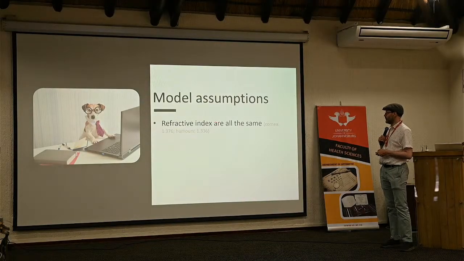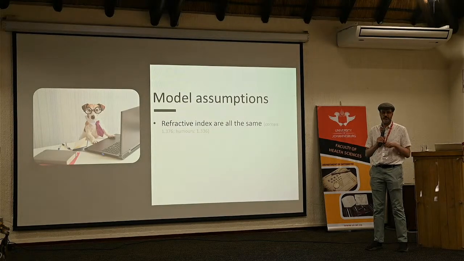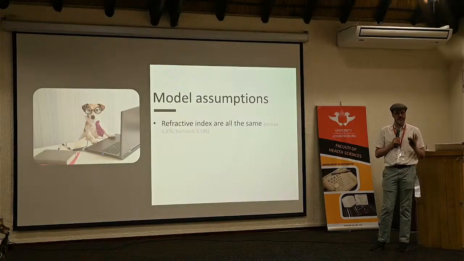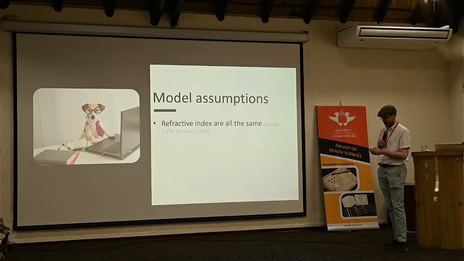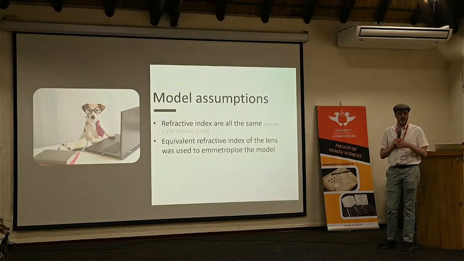First of all, the refractive indices of the cornea and of the humors, I just assumed that they would all be the same. There was some information in different eye models and different measurements that seemed to confirm that assumption. So when it comes to cornea and humors, no problem. I'm not talking about the lens. That's a special case, because I used it as a free parameter to balance out all the different parts.